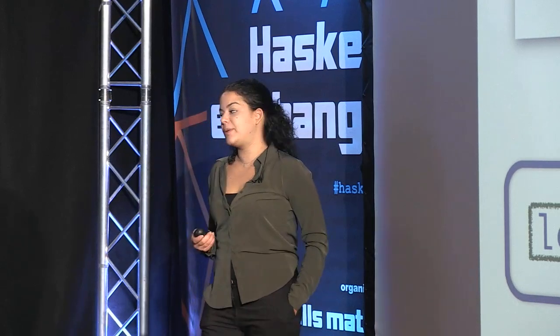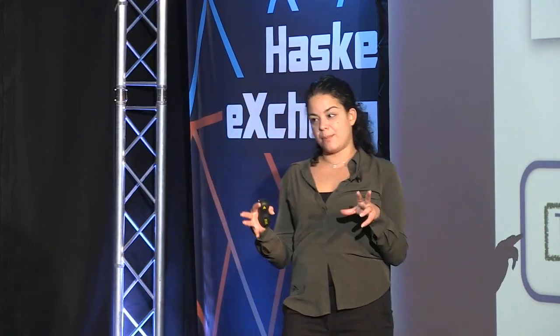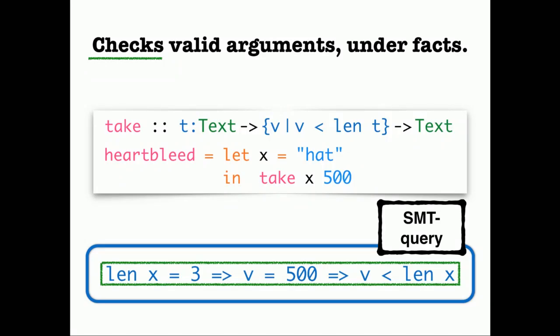And the checking happens automatically using an SMT solver. SMT solvers are black boxes. We treat them as black boxes. It stands for satisfiability modulo theories. And the idea is that if you give them logic implications from decidable logics, they say yes, it's valid, or no, it's not valid. So in this case, I'm going to ask the SMT solver, is this implication valid? The SMT solver is going to say no, it's not valid.